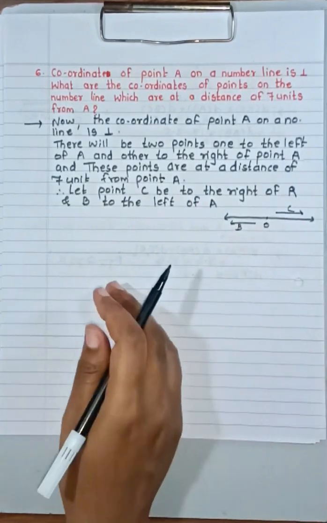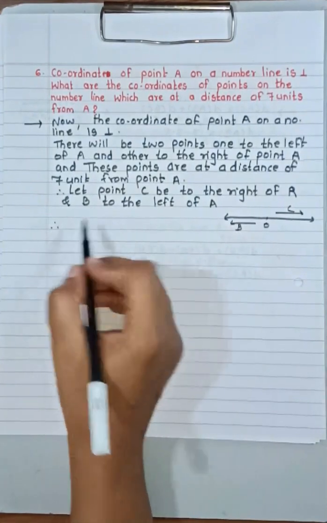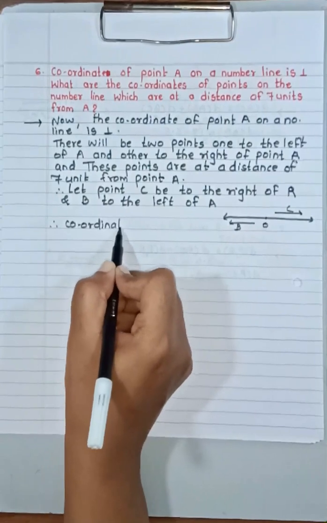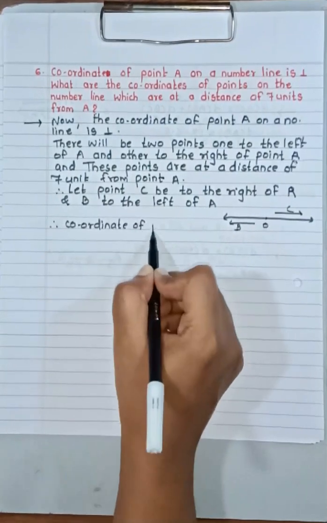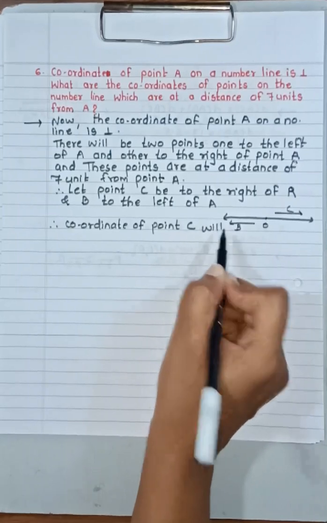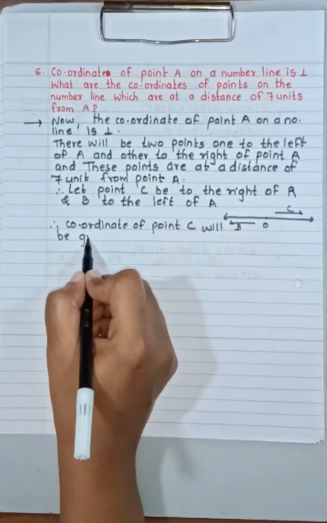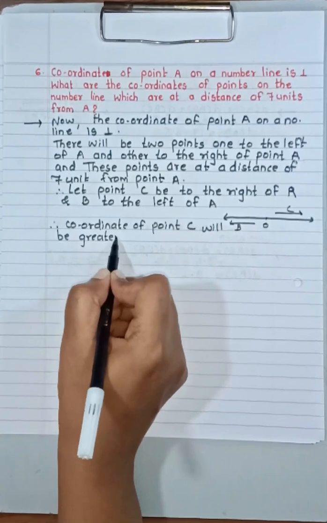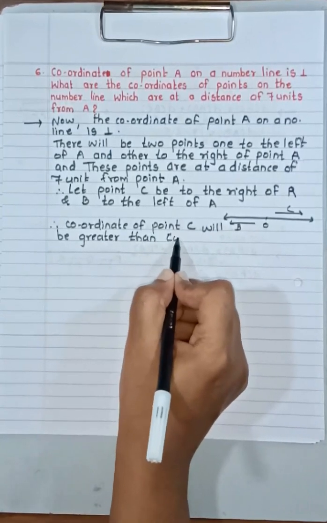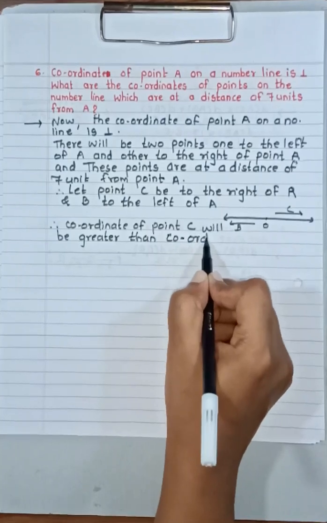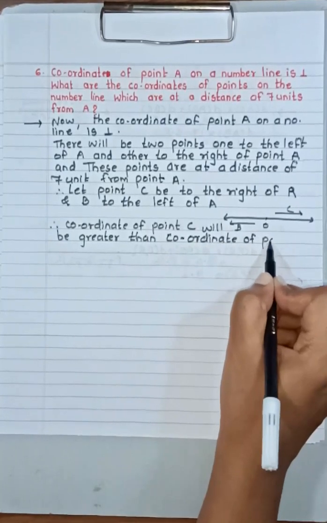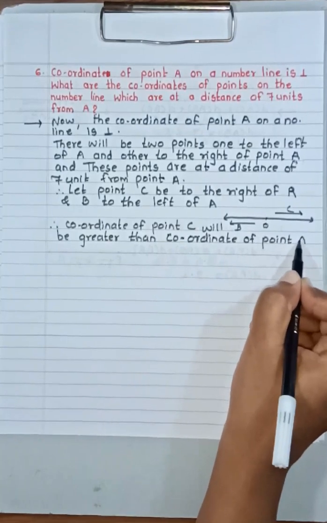Okay, now therefore the coordinate of point C will be greater than the coordinate of point A. Why is it so?